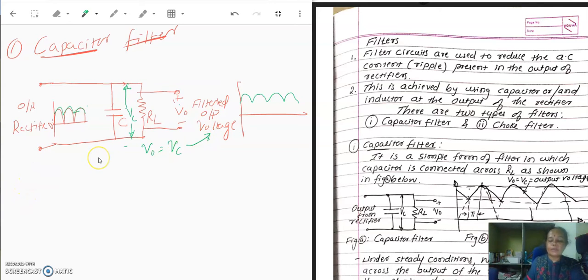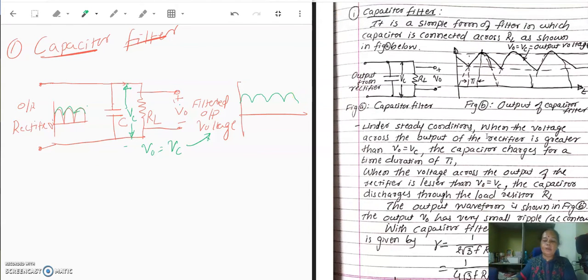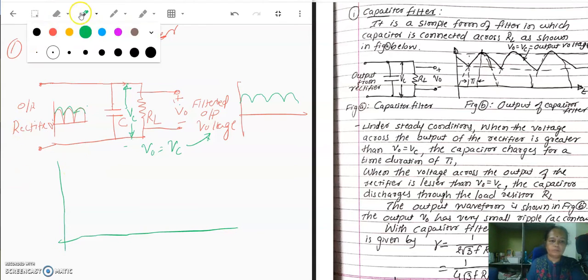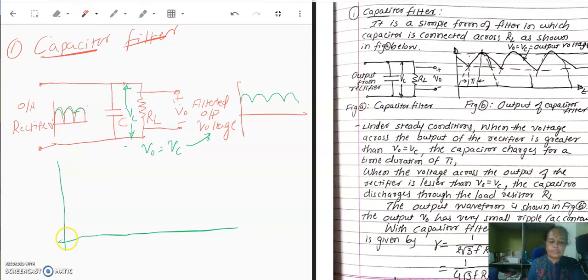First we are going to see the working under steady condition. We shall draw the output of the rectifier in this manner. This is the output of the rectifier.